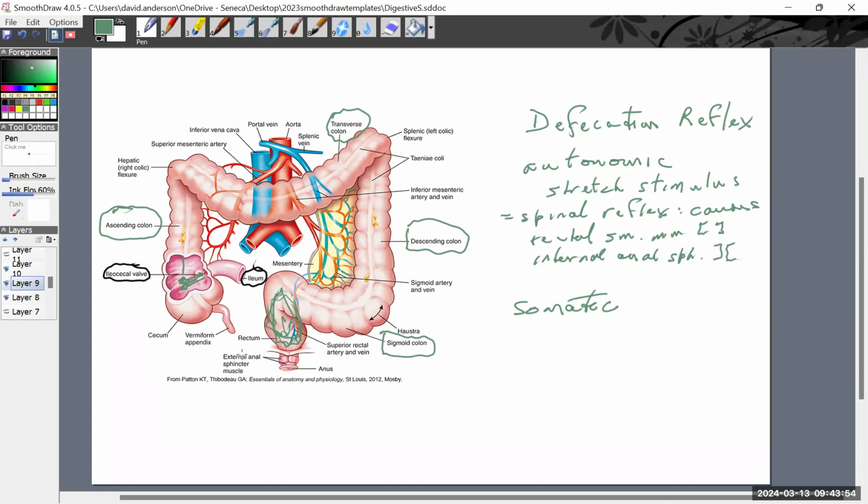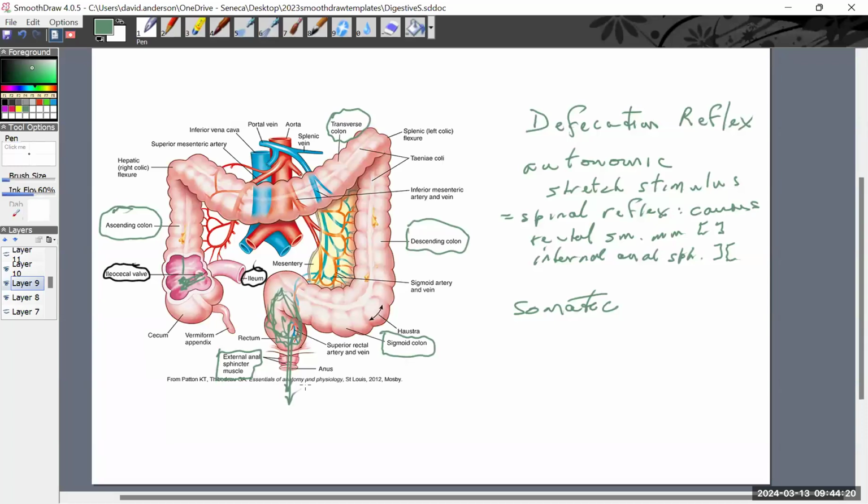So the internal sphincter is not labeled here, but the internal sphincter is literally internal to what's labeled here as the external sphincter. So when the rectal smooth muscle contracts and the anal sphincter relaxes, that's going to allow elimination to occur.